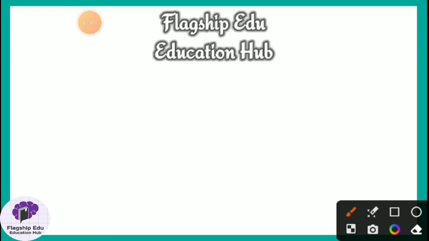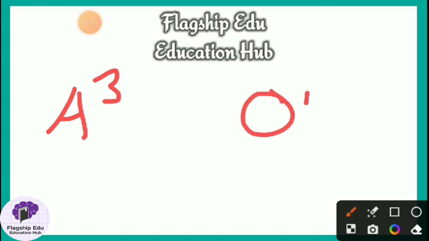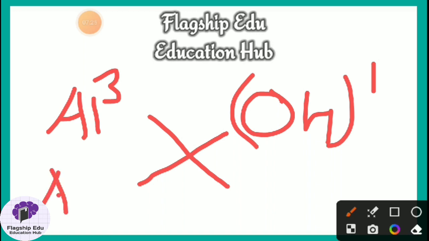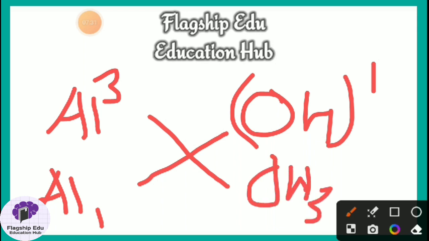First we write the basic one, Al3 and OH1, with OH as a whole, because they go together. Then you have to interchange their valencies. After you interchange their valencies, it will become Al1 and OH3.